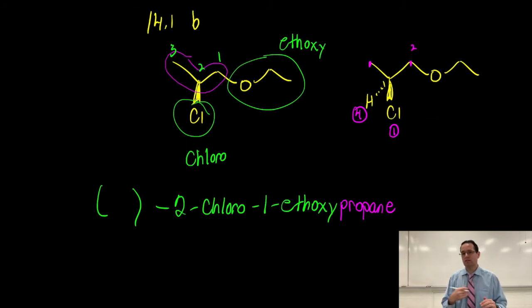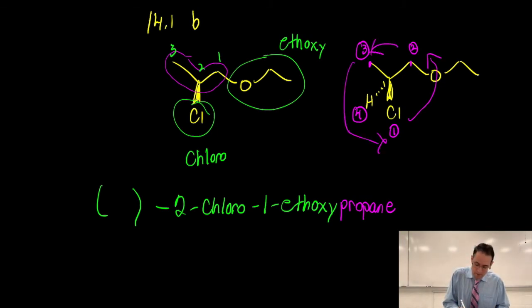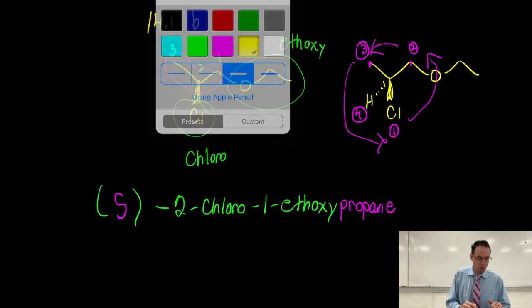So the oxygen is going to win out. That's going to be priority 2. This carbon will be priority 3. Now you position the lightest substituent back, and you look to see how the priority substituents go. In this case, 1 to 2 to 3 goes counterclockwise, so that means it's going to be S. So that's the full systematic name. Okay, and this is problem 14.1b in your textbook.